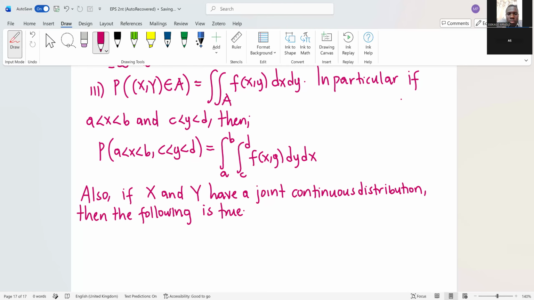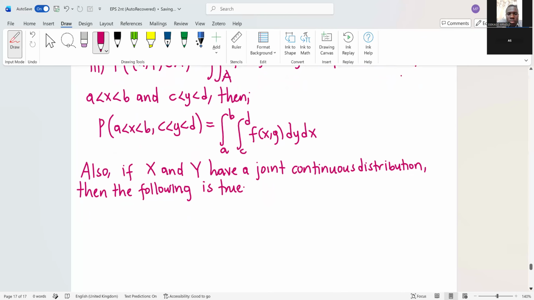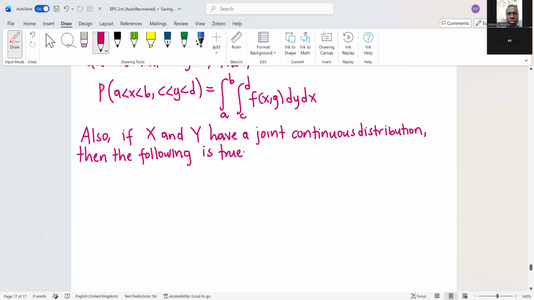Let me first note it down: the probability of (X, Y) at a particular point.